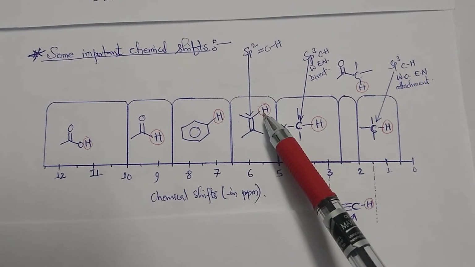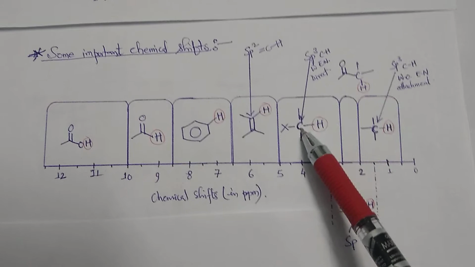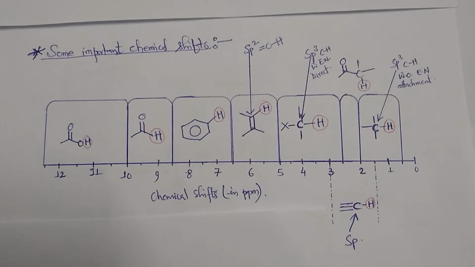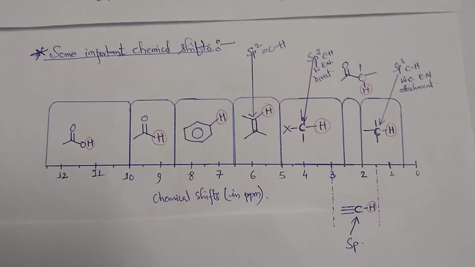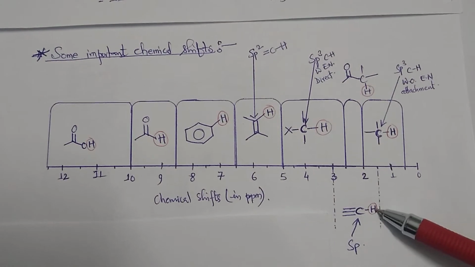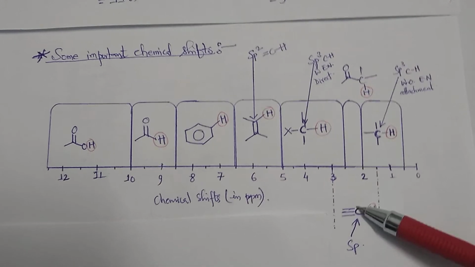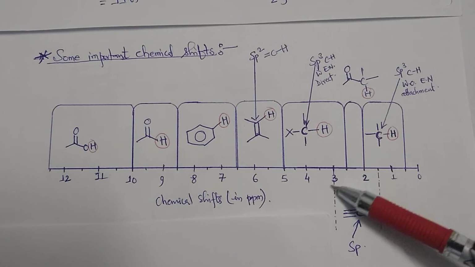Thus this proton will get more deshielding than that of this proton here, which is attached to the sp3 hybridized carbon. But that concept, in one way, will not fulfill the criteria for this proton which is attached to this carbon, that is sp hybridized and triple bonded here, which ranges from 1.5 to 3.